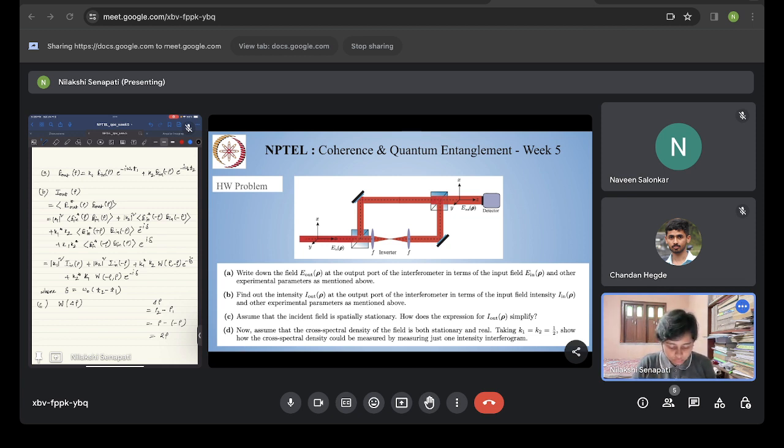So now it is W of 2 rho, and I input rho is now W of 0, which equals I0, where I0 is the constant intensity of the incident field.